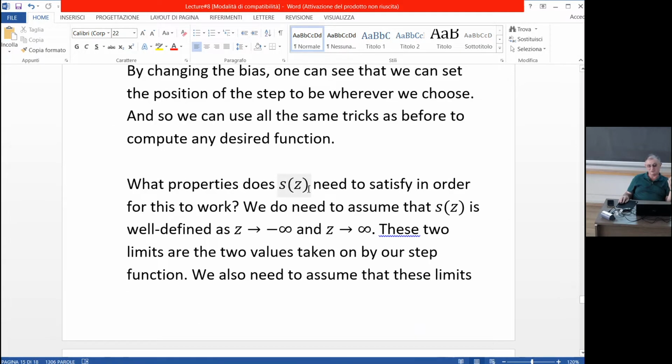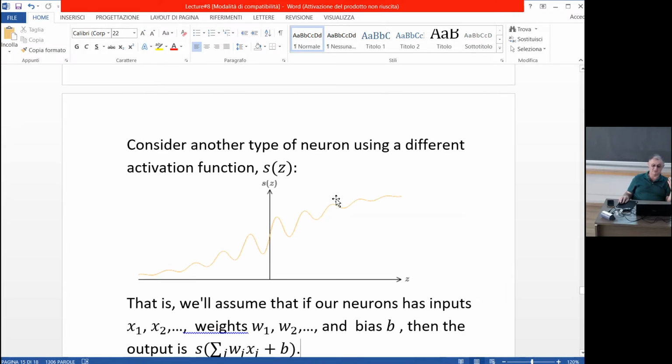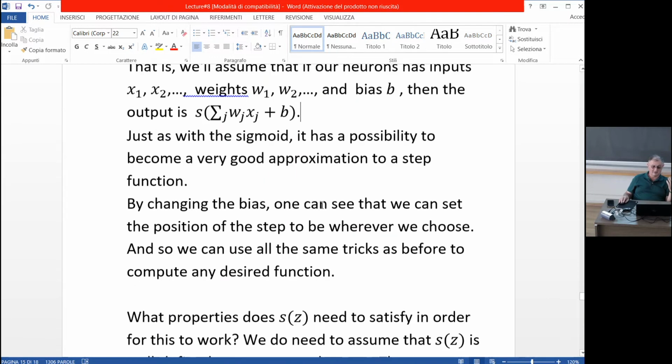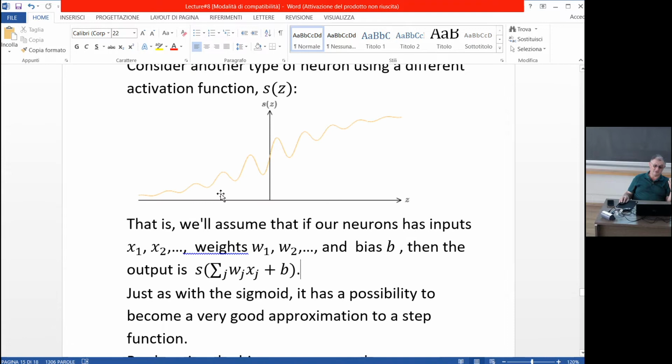What properties should the function s of z have to be valid for activation? First of all, this function should be well defined as z tends to minus infinity and z tends to plus infinity.